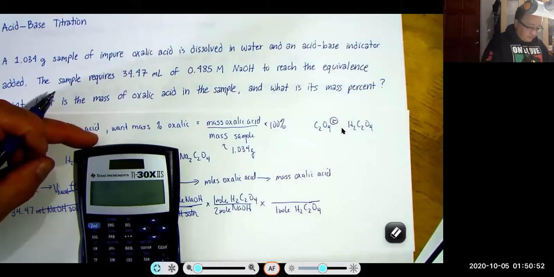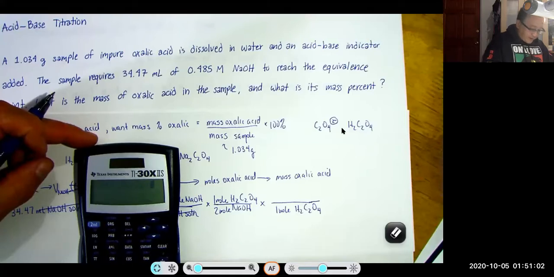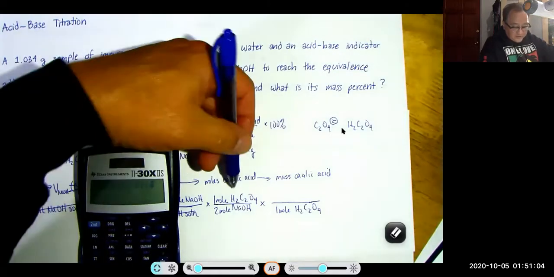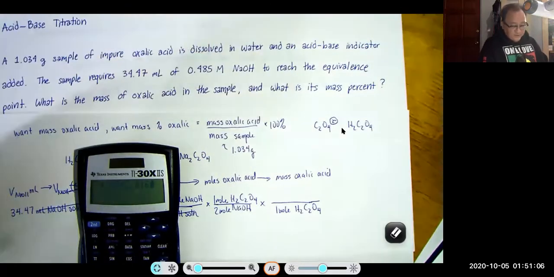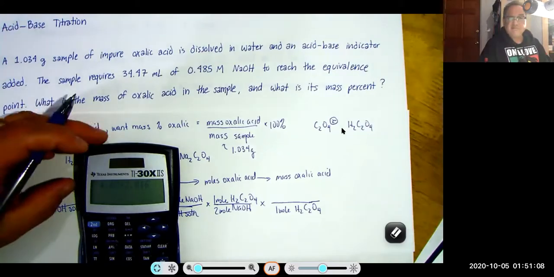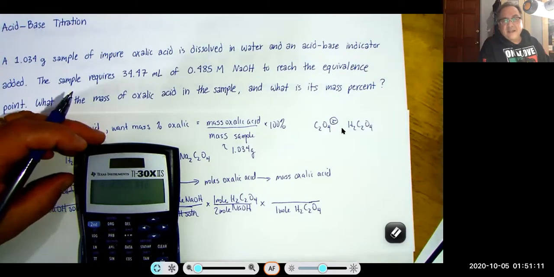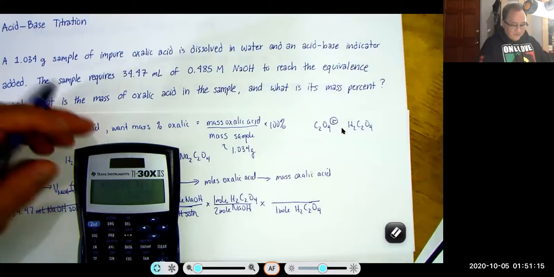Oops, I got to go back. So 64 plus 24.02 plus 2.016, and so 2 plus 24 is 26. 26 plus 64 should give me what? 70, 80, 90? So here we go.